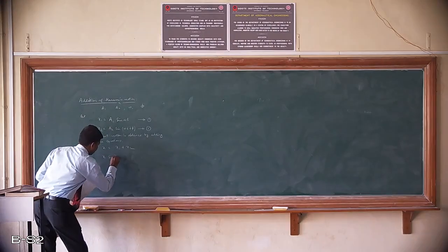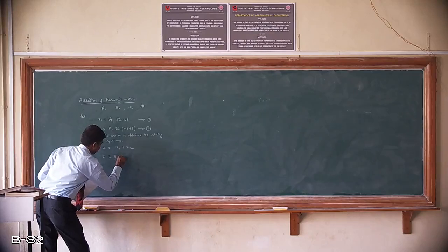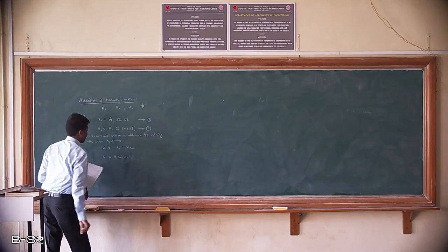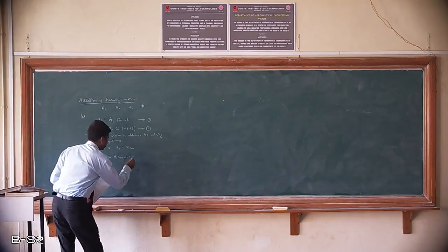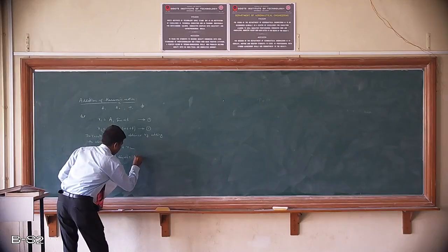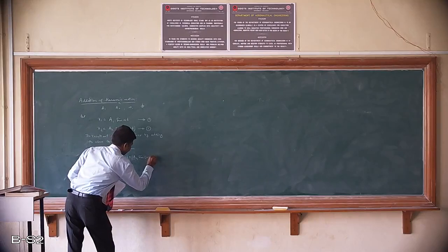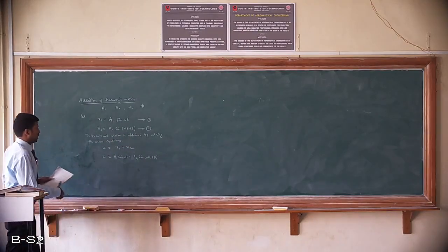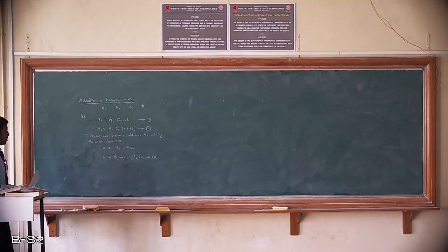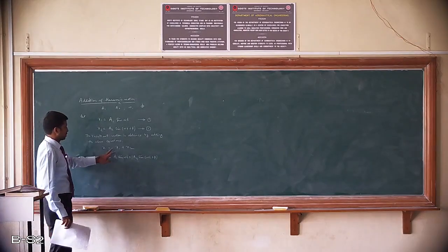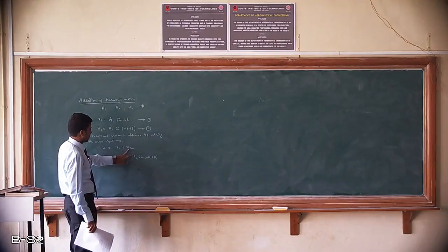So x = x1 + x2, where x1 is a1 sin(ωt) and x2 is a2 sin(ωt + φ). What I have done is, in the equation of resultant motion, x = x1 + x2, I have substituted the values of x1 and x2.